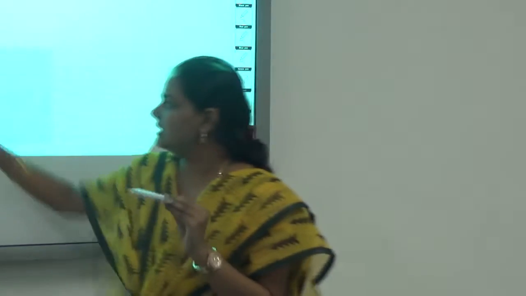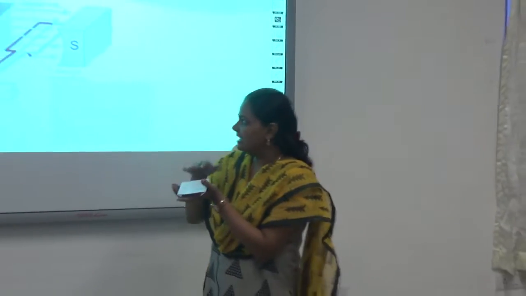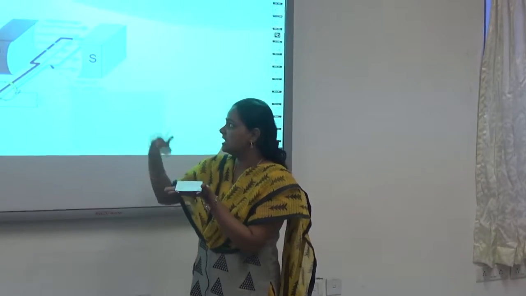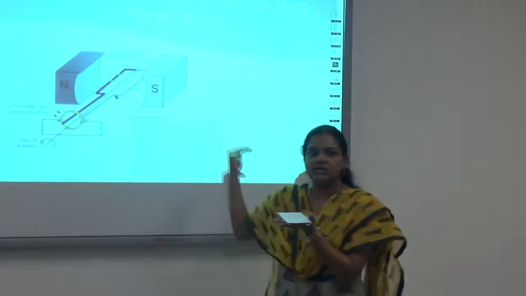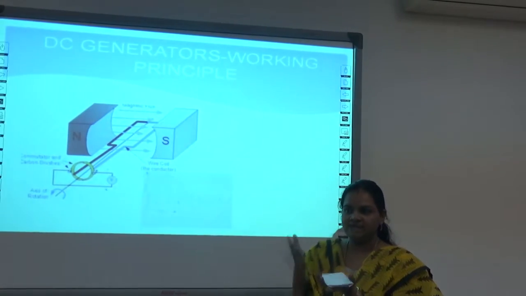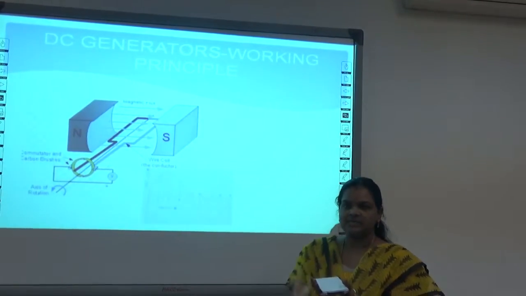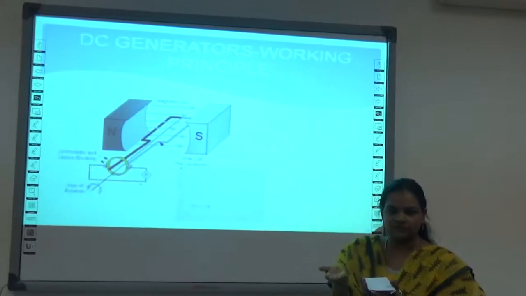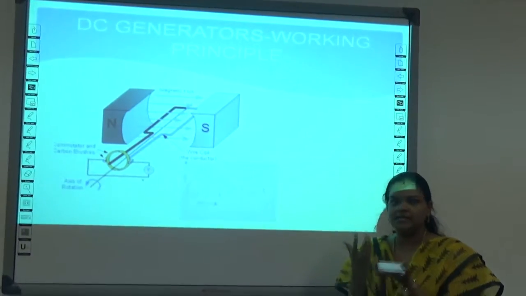Initially, when the conductor is at 0 position, there is no cutting of lines of force. Why? Because the rectangular conductor is parallel to the magnetic lines of force flowing from one pole to the other pole. So what does our law say? Whenever there is a change of flux, that is, whenever the magnetic lines of force are being cut, you get an induced EMF.